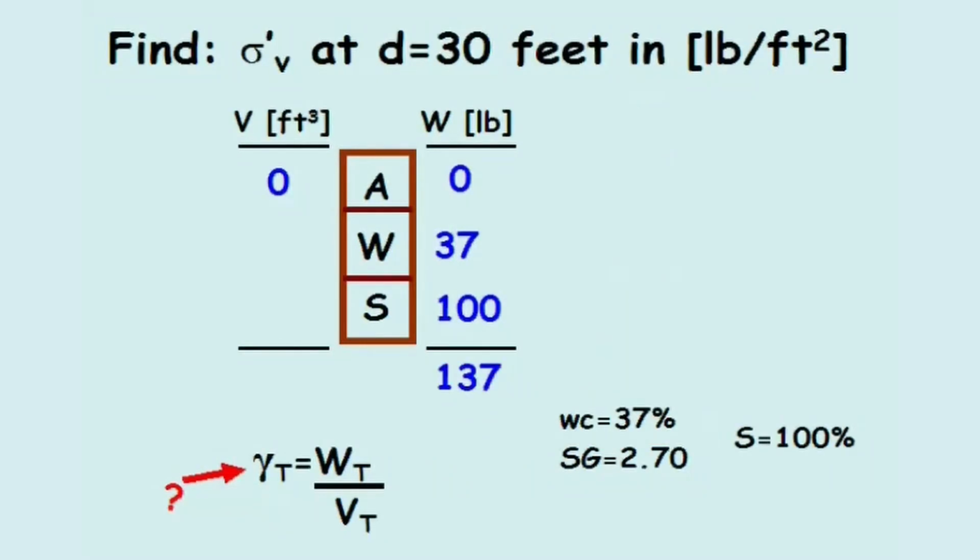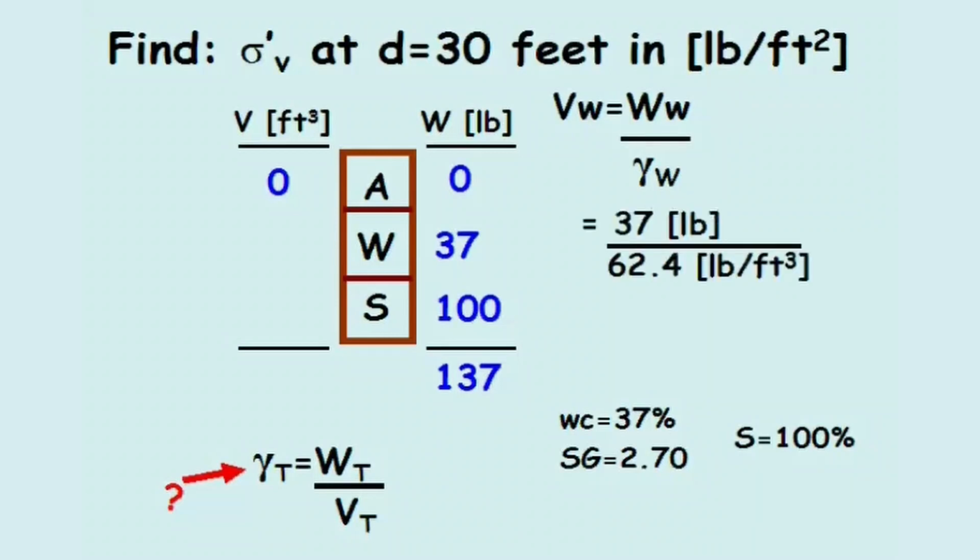Next, we solve for the volume. The volume of water is equal to the weight of water divided by the unit weight of water, or in this case, 37 pounds divided by 62.4 pounds per cubic feet, which gives us 0.593 cubic feet.